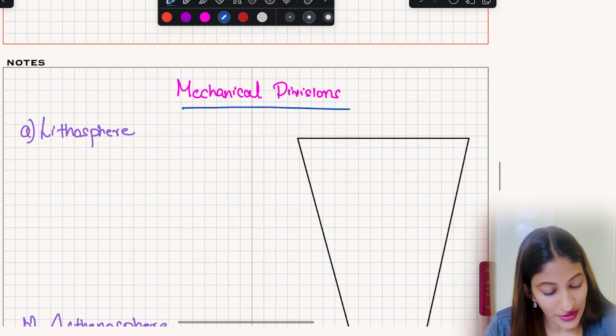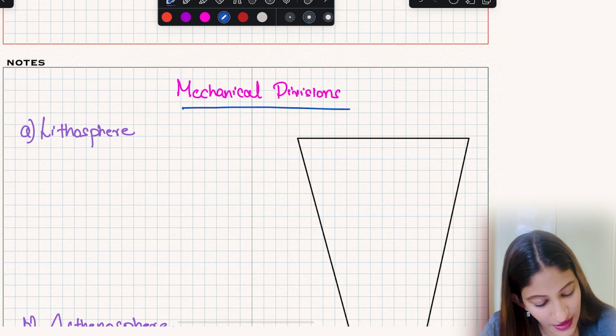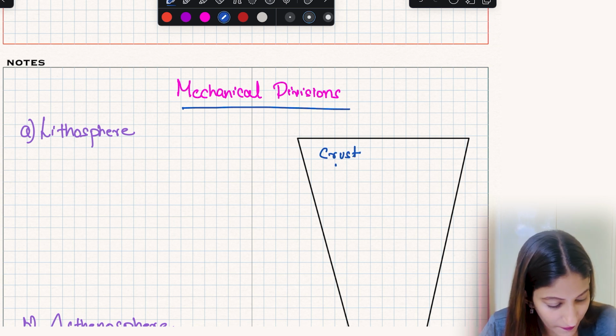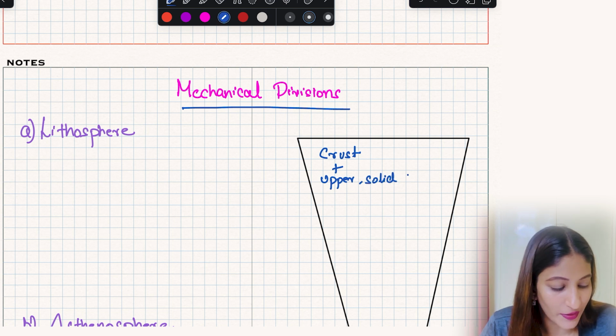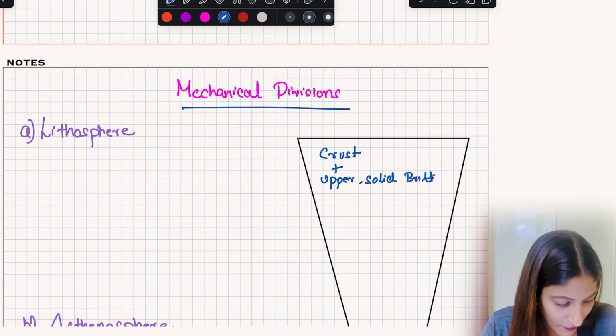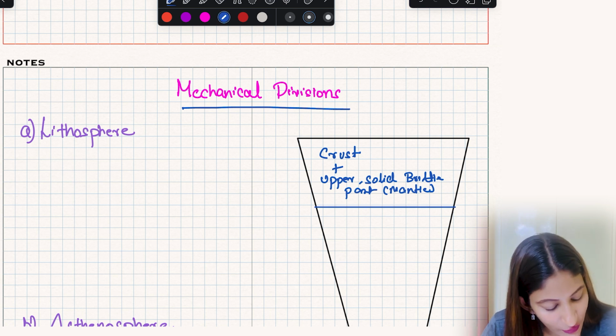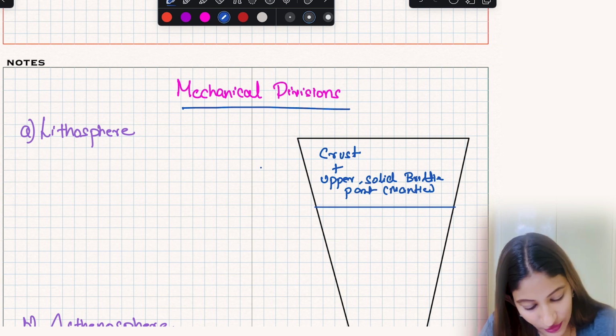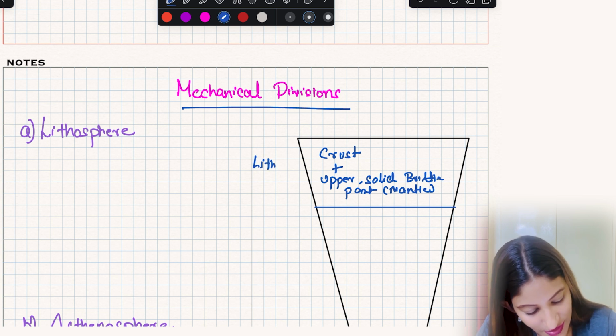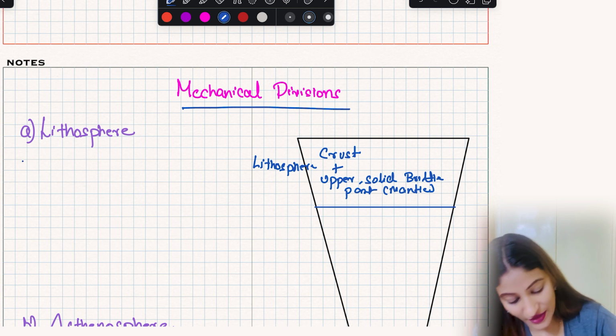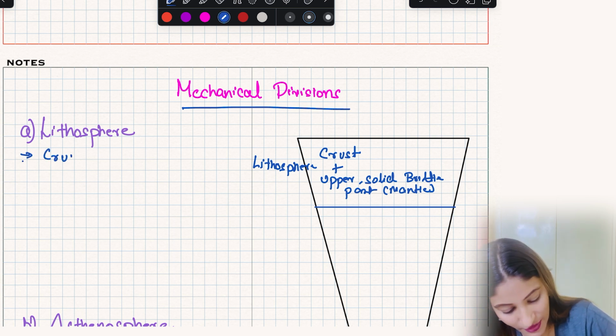Now, imagine these two coming together to form a group: the entire crust plus the upper solid brittle part of the mantle. When these two join hands, saying we two are very strong, they become the lithosphere. So this is the concept of the lithosphere. Mechanically, this is a very solid layer, made up of crust and upper mantle.